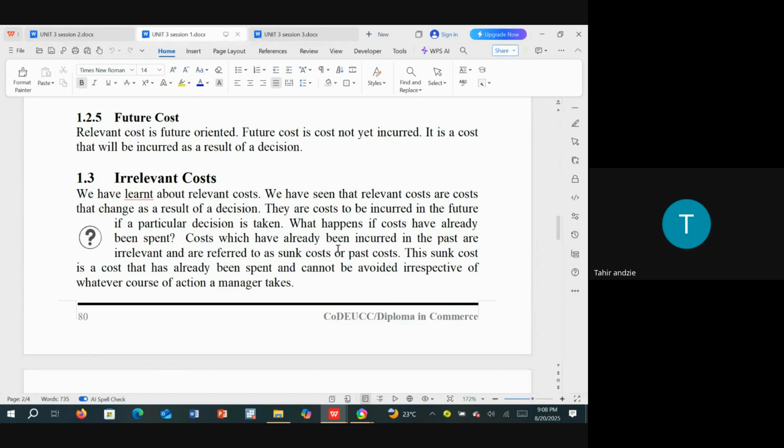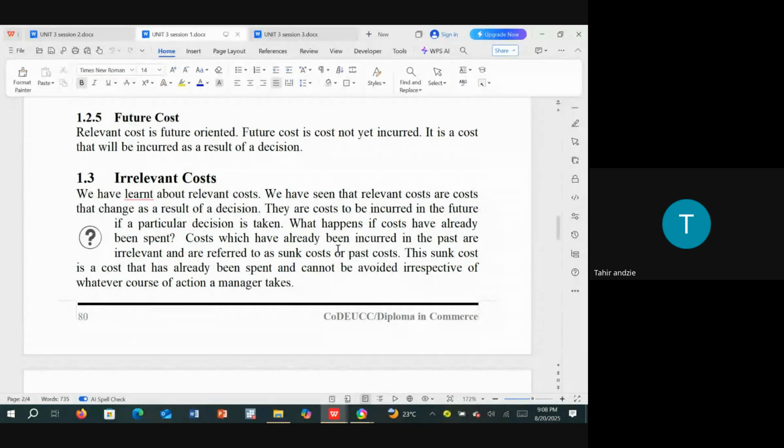You cannot change that cost as a result of you not going to Accra. You cannot go and tell the taxi driver that you no longer went to Accra, so the money you gave him for bringing you there should be given back to you. That is not possible. That means that cost is a sunk cost. It has already been incurred and cannot be changed as a result of the change in decision. Have you seen? That's how you explain it.